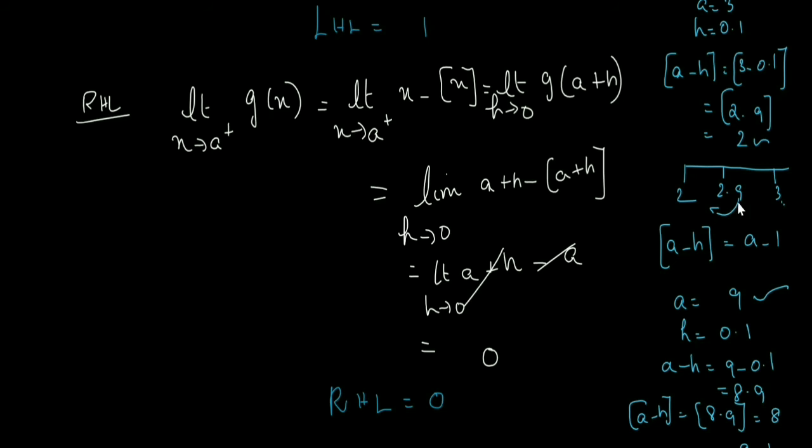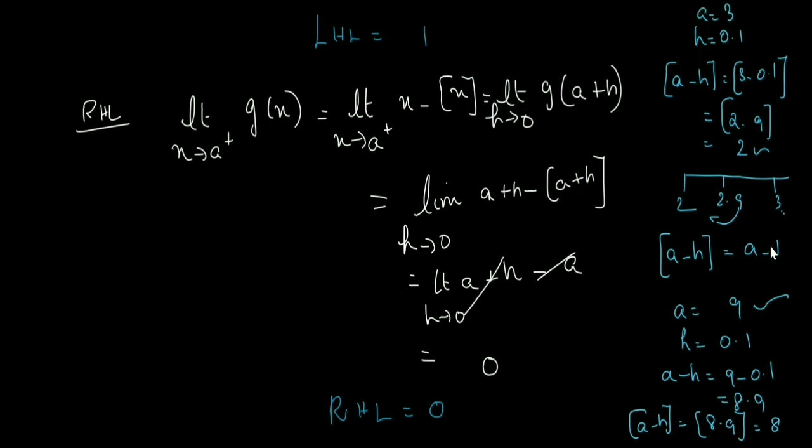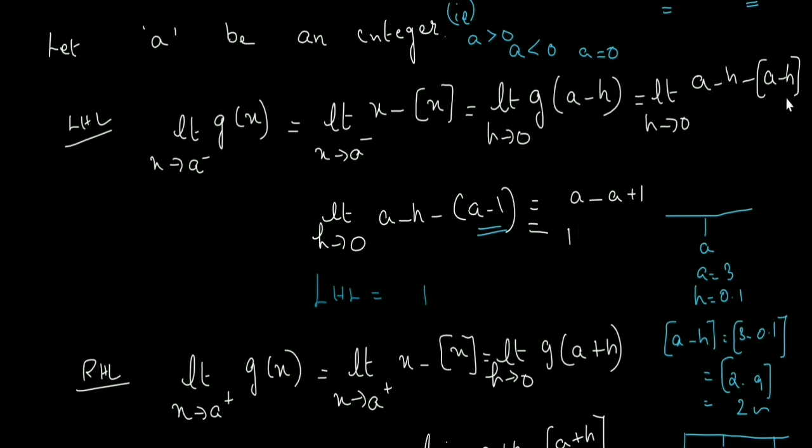So a minus h is 2.9, the greatest integer of 2.9 is 2, and this 2 is 3 minus 1. That's what we're writing as a minus 1. So when you substitute h is 0, you get a minus a plus 1. The left hand limit is equal to 1.